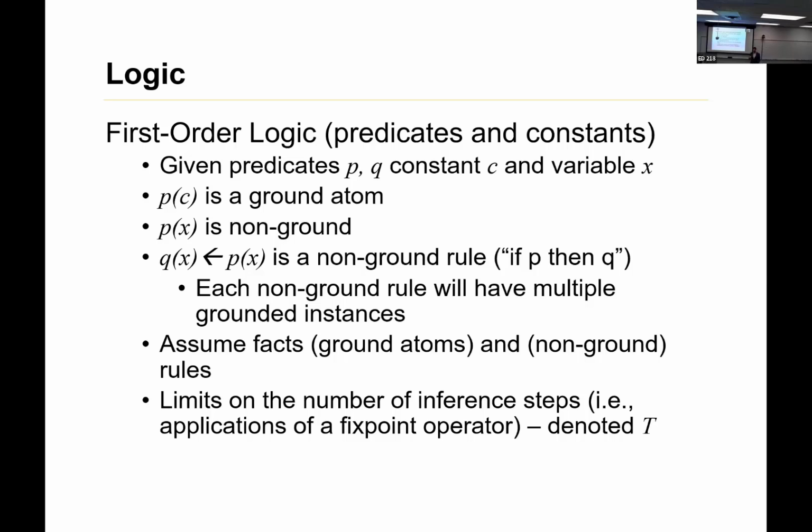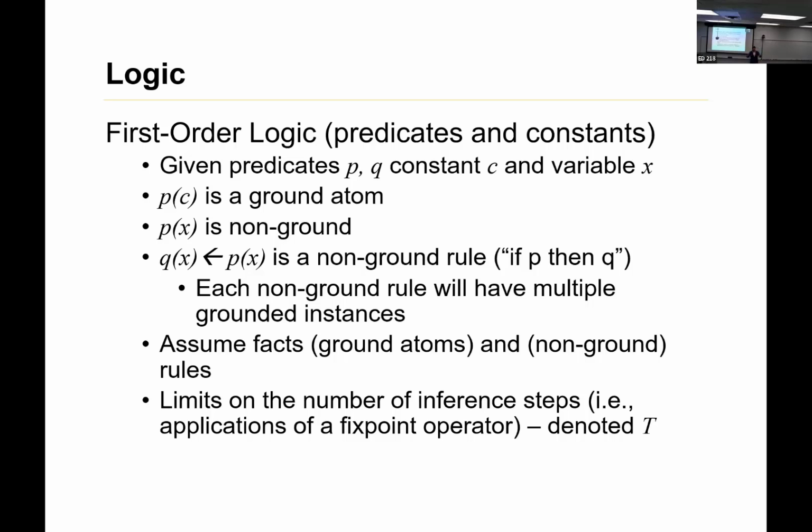And if you remember, in the classical case, you would guarantee convergence in the number of applications of the fixed point operator equal to the number of ground atoms, because each application of the fixed point operator, if it doesn't change any ground atoms, it's done. So it always has to change at least one, and changing one is the very minimum.